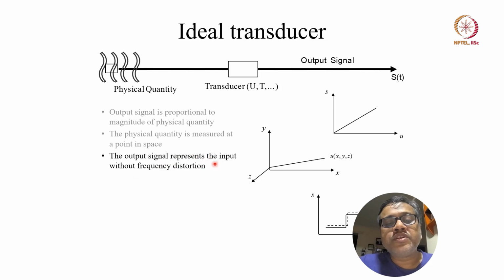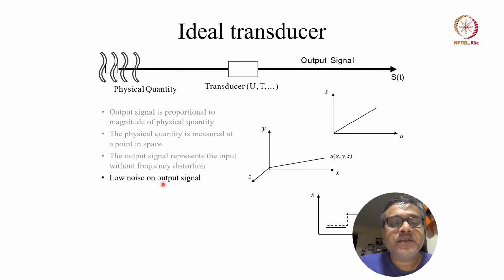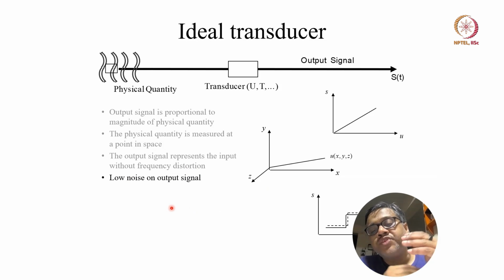The output signal represents the input without any frequency distortion. That means there should not be any distortion in how you are gathering the data, and there should be low noise on the output signal. The signal to noise ratio should be quite good so that you can recover the data. If it is buried in the noise, you cannot see the exact value.